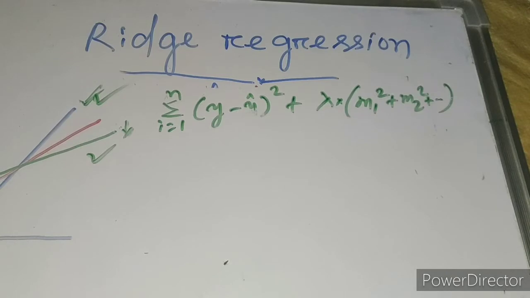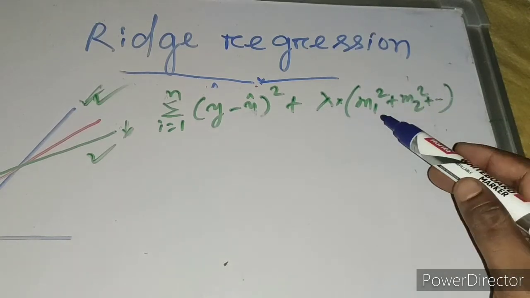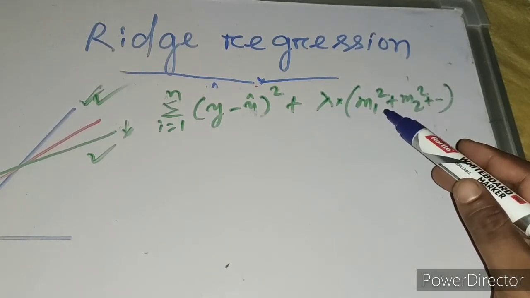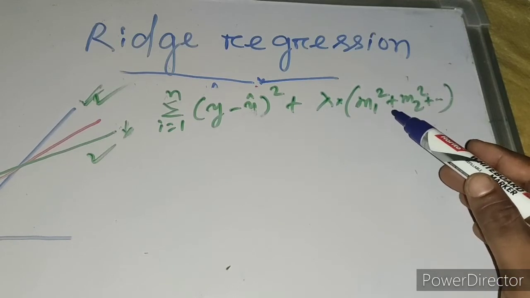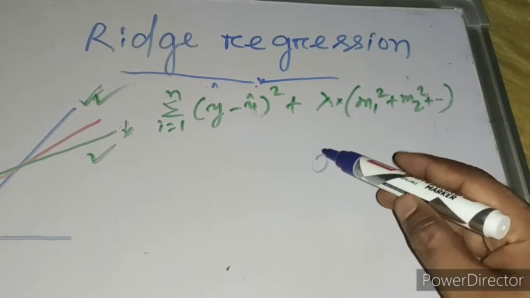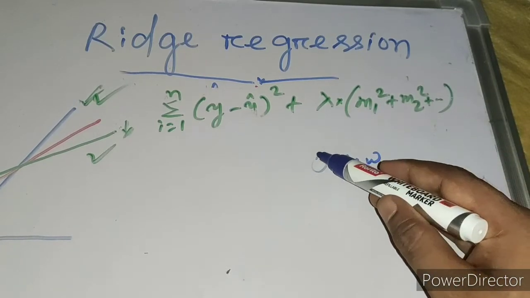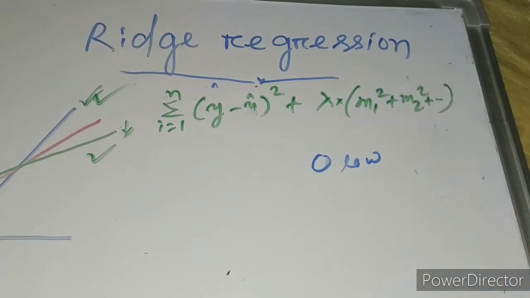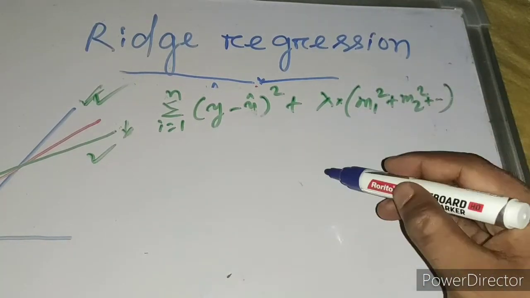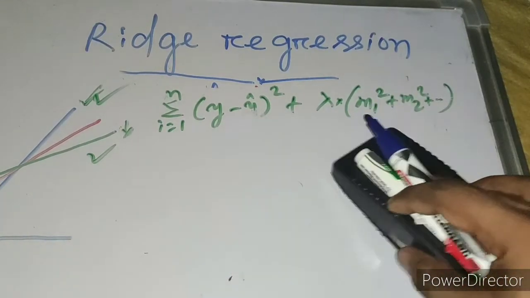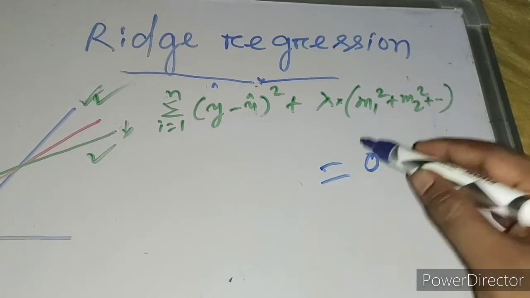Here in ridge regression, as we are considering the m value as a square value, it never turns 0. It becomes a very low value which is very near to 0, but it doesn't equal 0.